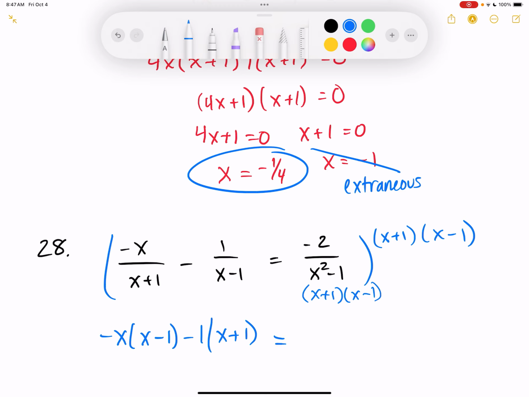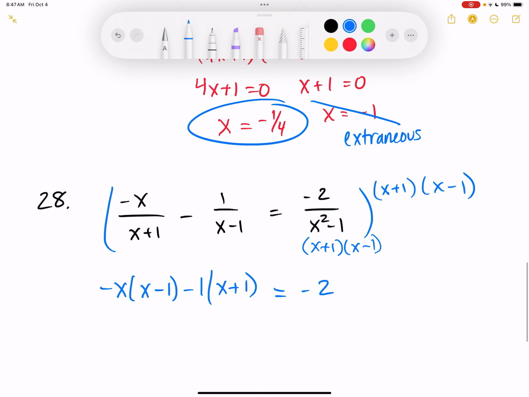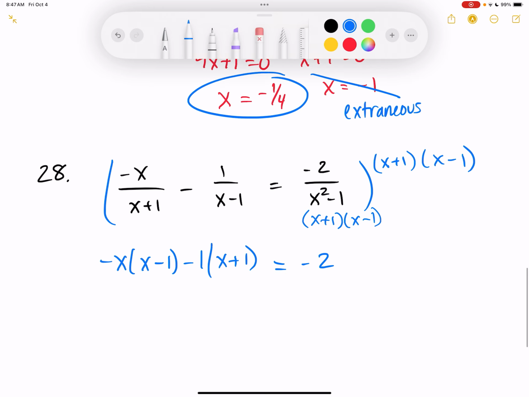equals, over here, both things cancel, so I'm left with negative 2. I'm going to multiply through, so negative x squared plus x minus x minus 1 equals negative 2.